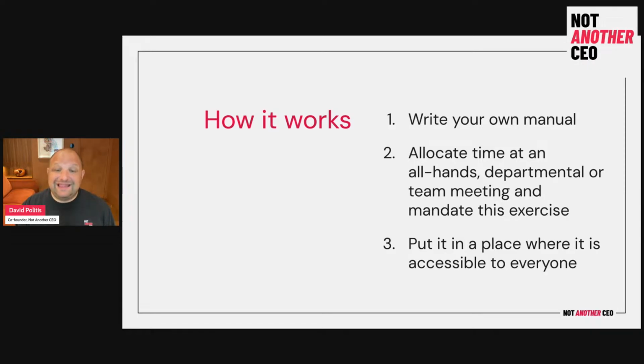Once they're written, they have to go in a place where they're accessible to everyone. So let's say a Google Drive folder, or a Dropbox folder, or I've actually seen some HRIS systems where people have built custom tabs so that every employee can see each other's user manual in the HRIS system. Whatever it is, it has to be accessible to everyone in the same place.